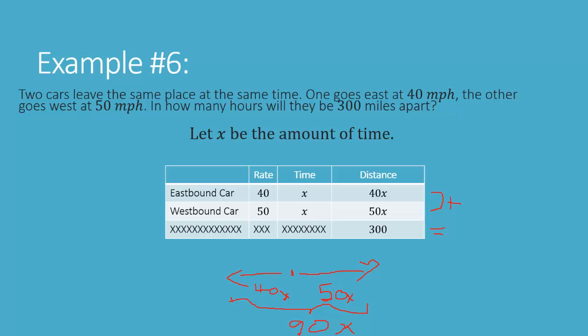And actually I have just now realized I have got these backwards. This should be the 50x, that should be the 40x. Oh well. Anyways, that's the general idea. This is why we know we're adding them together. So again, we know we have 40x plus 50x equals 300.